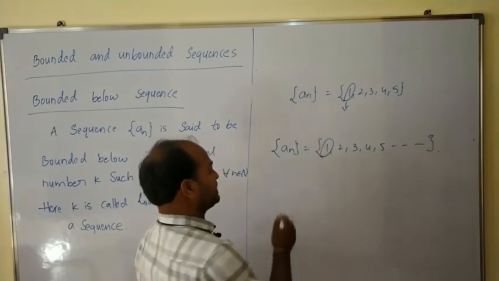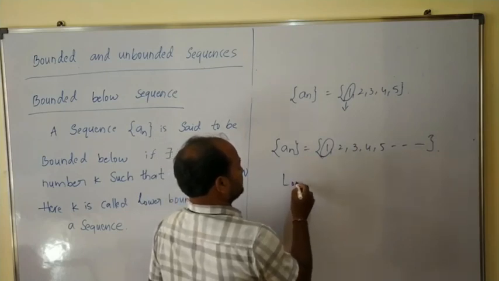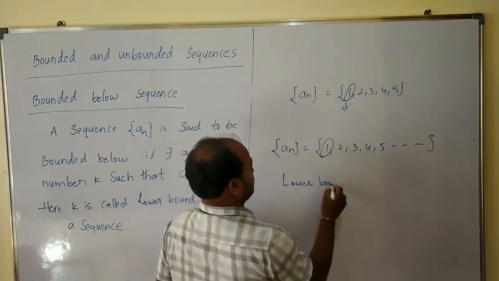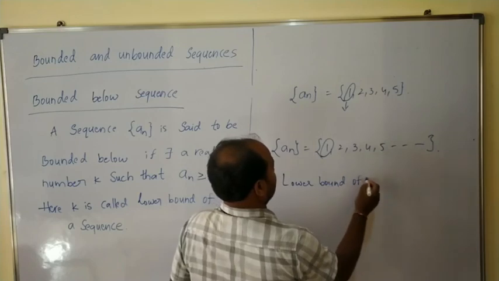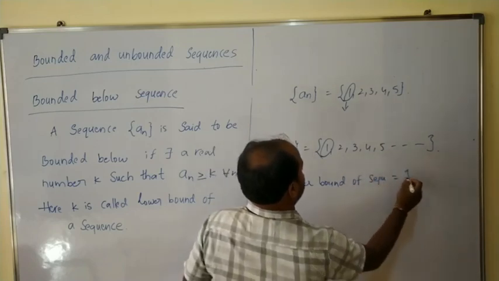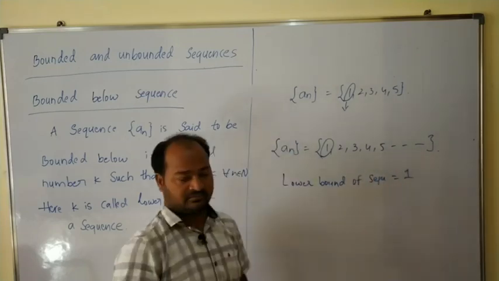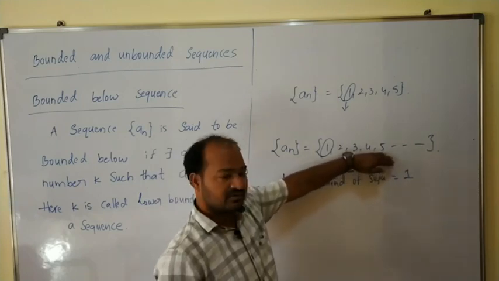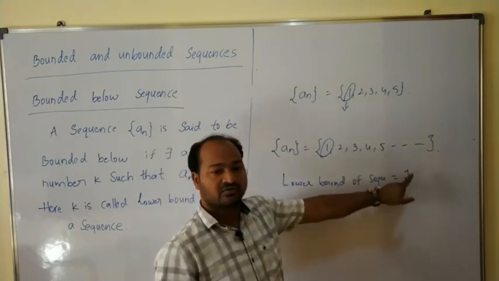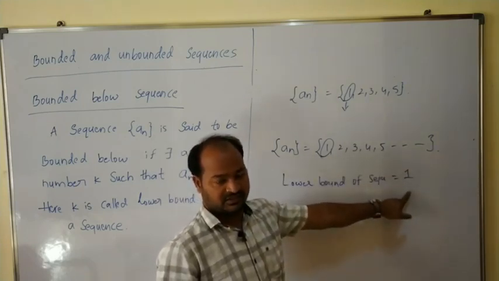So we can say that the lower bound of this sequence will be equal to 1, because all the terms must be greater than or equal to 1. Clear?